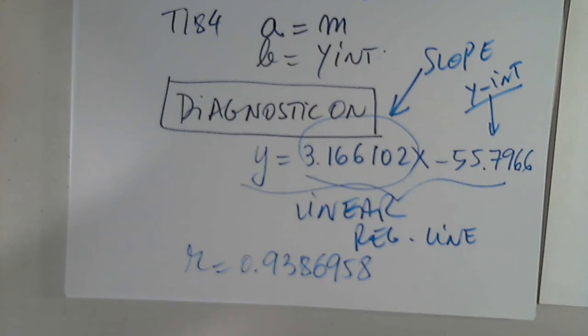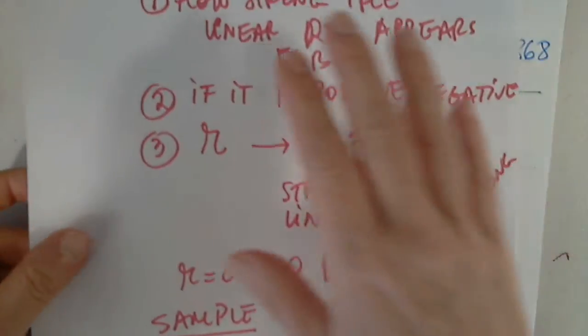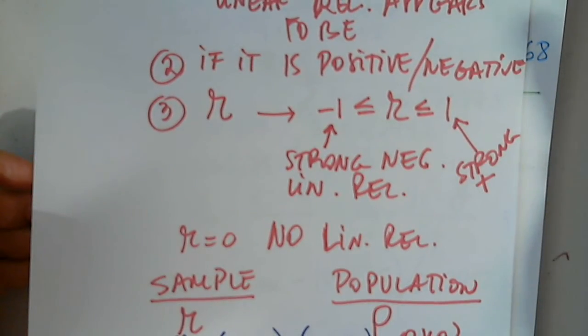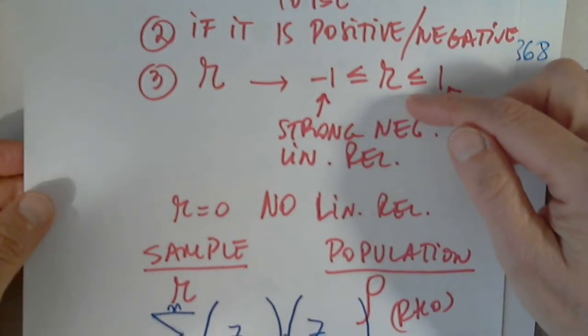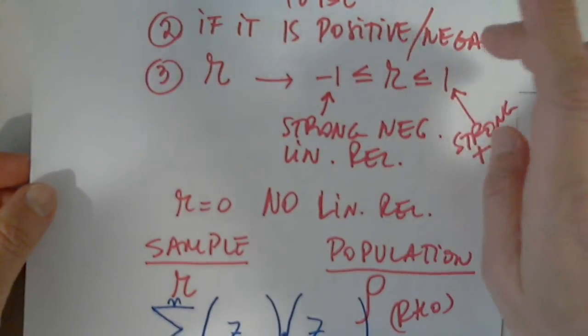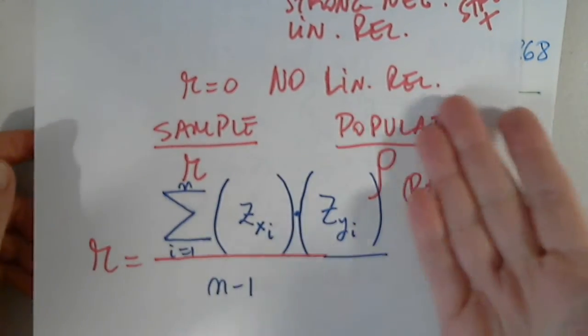Does the correlation coefficient have a line with it too? No. Very good question. The correlation coefficient is just a number. It's not a line. It cannot be graphed. It tells us whether the relationship is positive or negative, whether it's strong negative, strong positive, or close to zero, no linear relation.